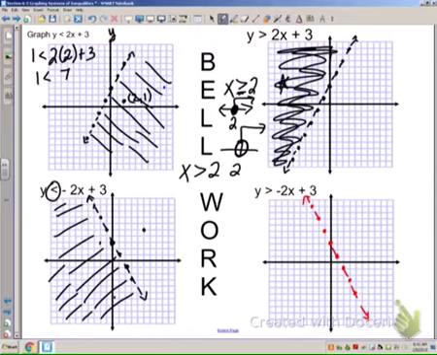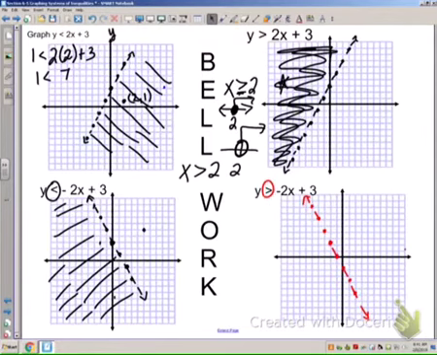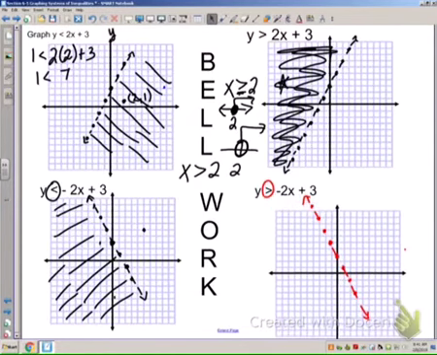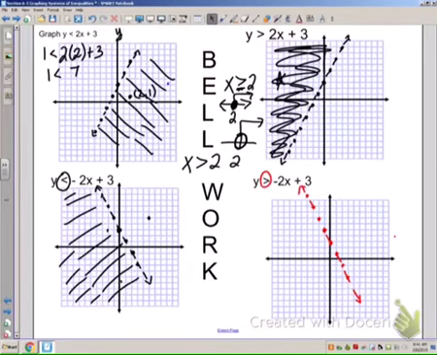And we want the values of y that are greater than this. So I just always look at my point on the y-axis, and I want the values that would be greater than it. So that would be everything on this side of the line.